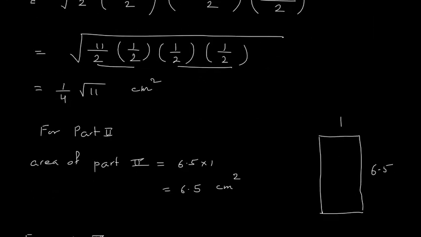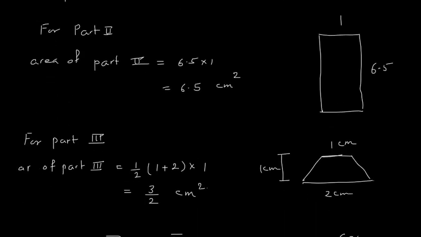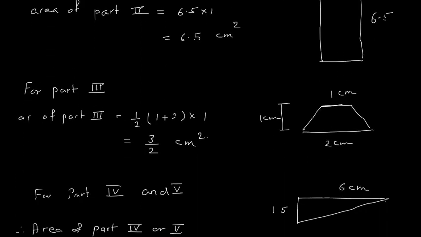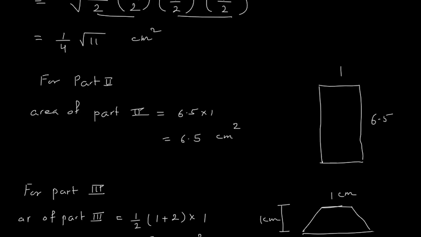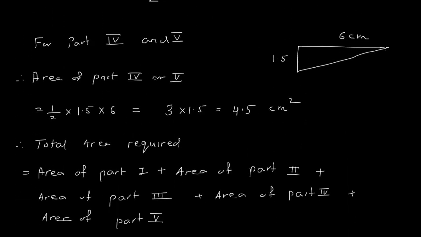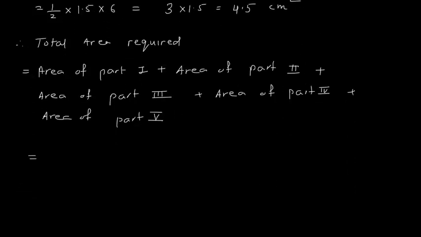1 upon 4 root 11. So 1 upon 4 root 11, then 6.5, then 1.5, then 4.5. So root 11 divided by 4 plus 6.5, then 1.5, then 4.5 plus 4.5.